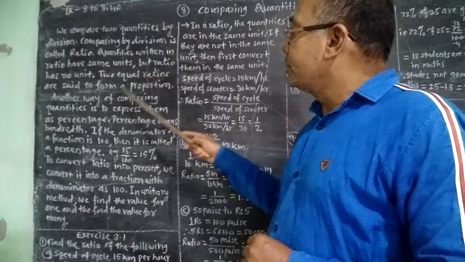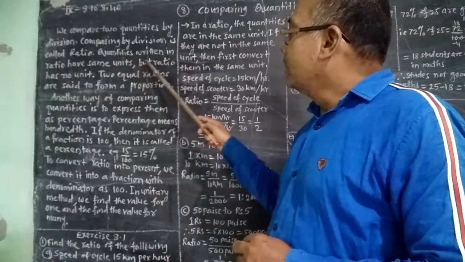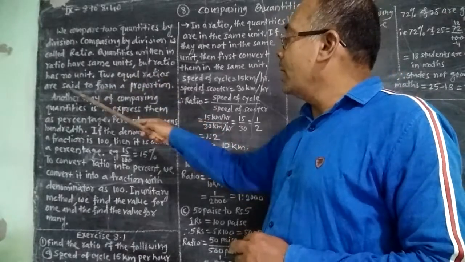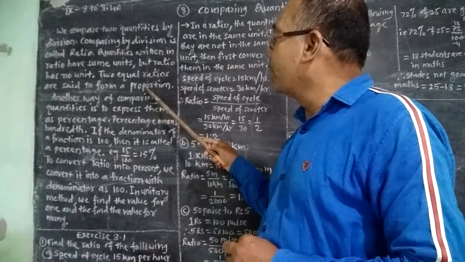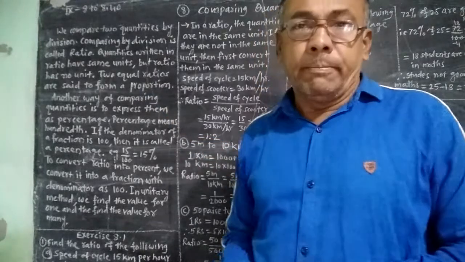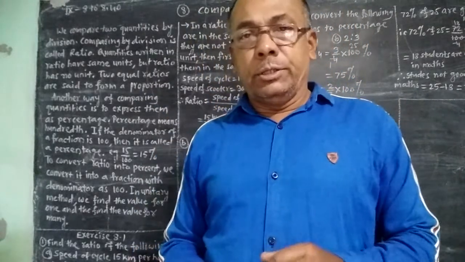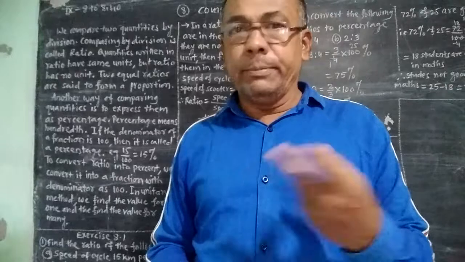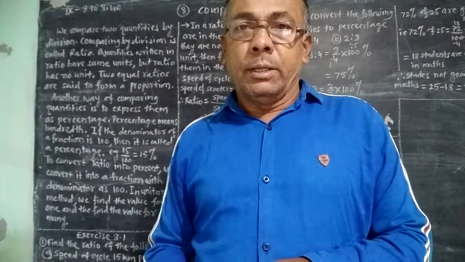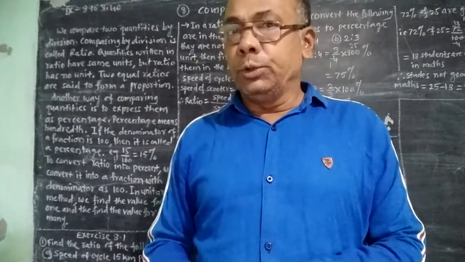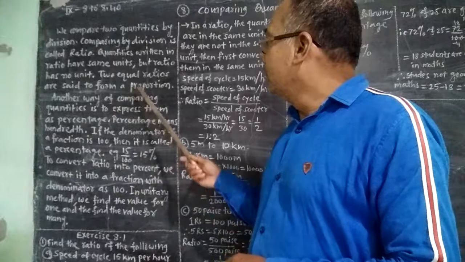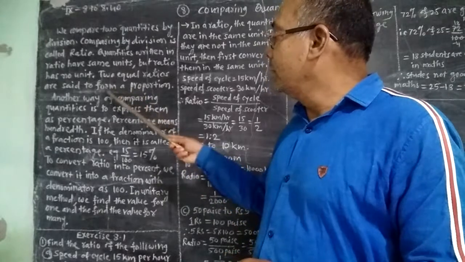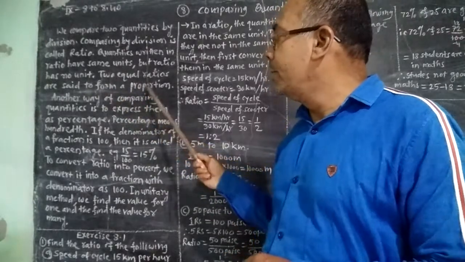Two equal ratios are said to form a proportion. Means if two ratios are given and their values are the same, then the two ratios form a proportion.